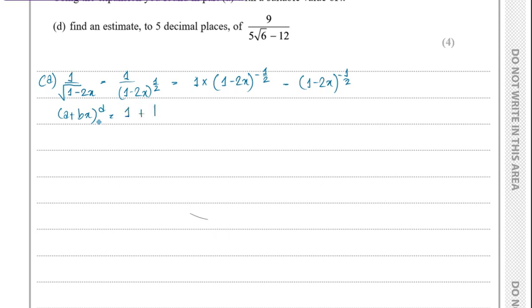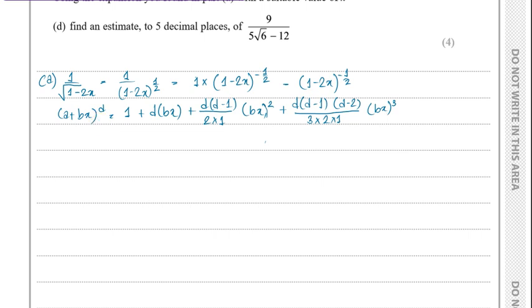It will be 1 plus d multiplied by bx, plus d multiplied by d minus 1 divided by 2 multiplied by 1, multiplied by bx squared, plus d multiplied by d minus 1 multiplied by d minus 2 divided by 3 multiplied by 2 multiplied by 1, or 3 factorial, multiplied by bx to the power 3.